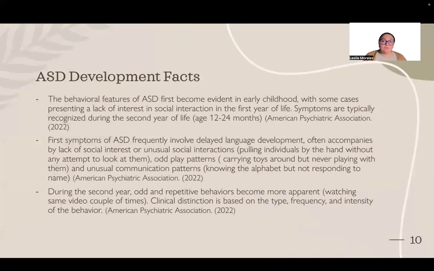I did also want to provide some developmental facts. I believe this is important to keep in mind when diagnosing someone with ASD, that the symptoms are typically recognized during the second year of life, between 12 to 24 months. Some symptoms can be shown in earlier ages.